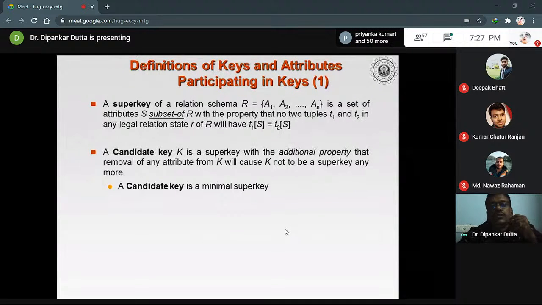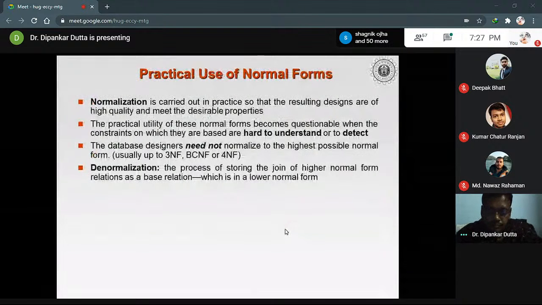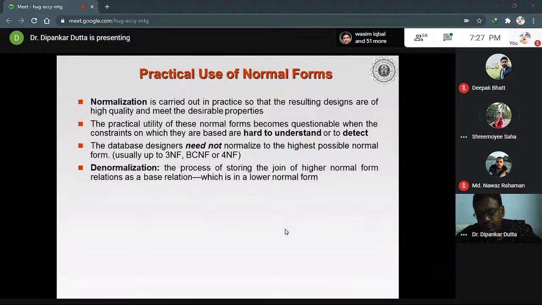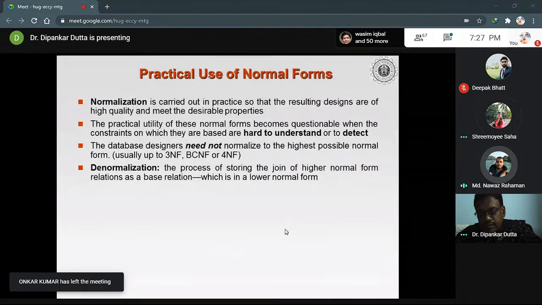Now, what is candidate key? Sir, a candidate key is a set of attributes that uniquely identify tuples in a table. So that is super key. Sir, minimalistic super key, you can say that.